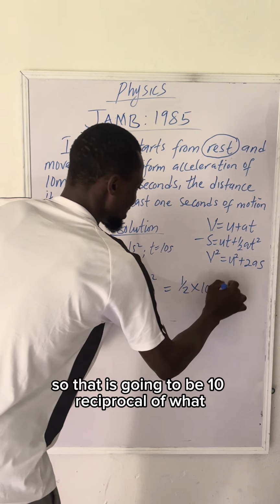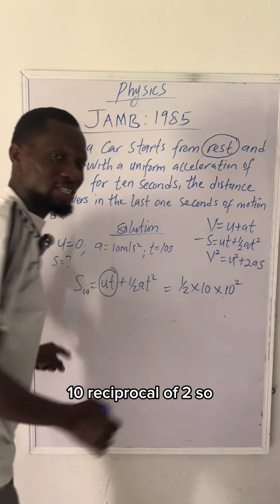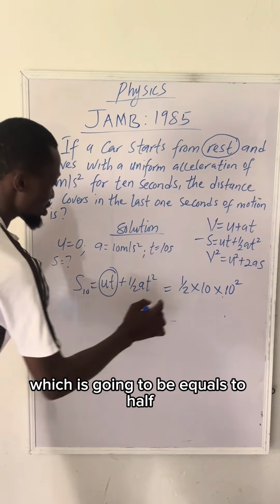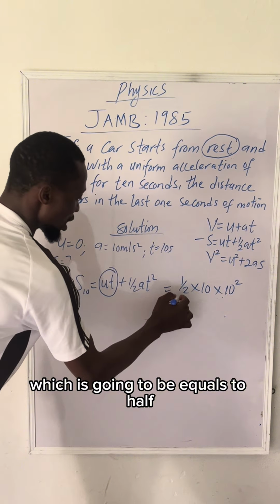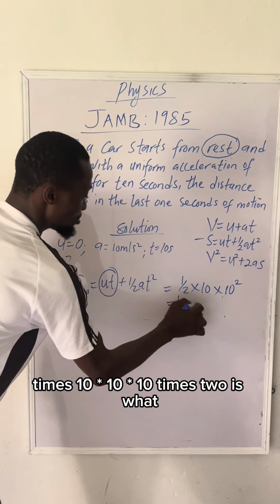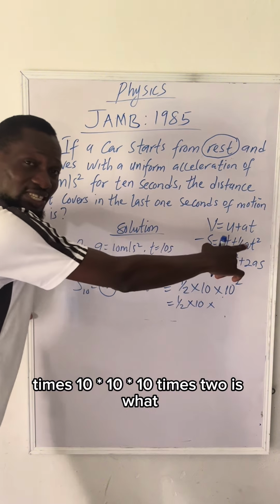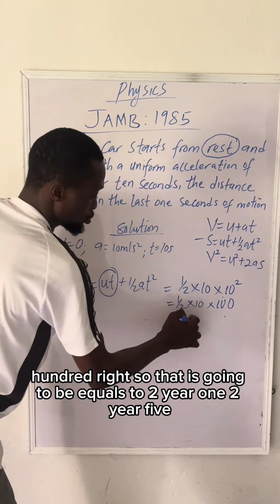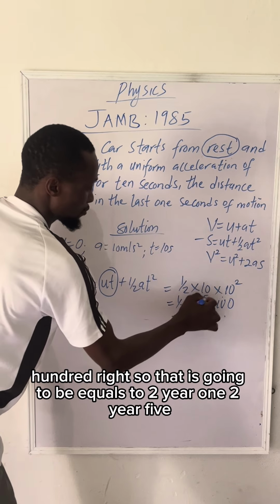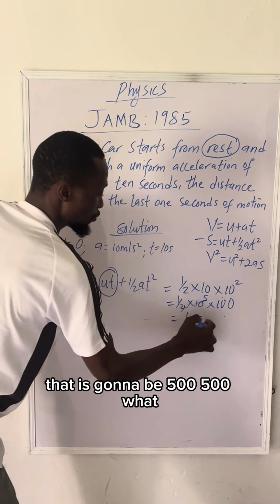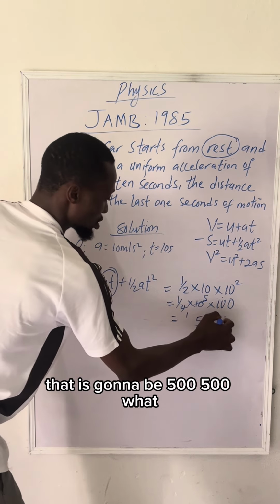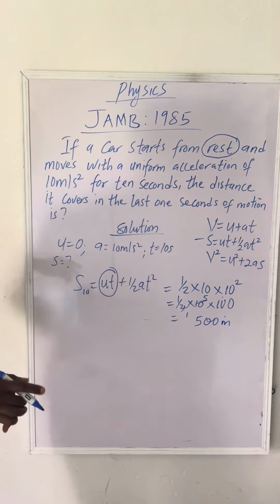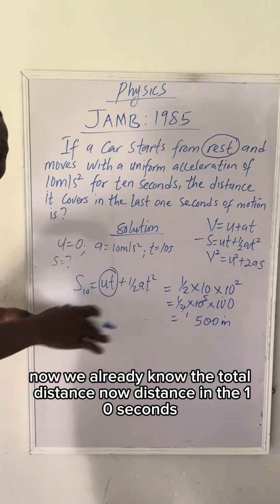So that is going to be 10 raised to the power of 2. So half times 10 times 10 raised to the power of 2, which is 100, right? So that is going to be 2 here 1, 2 here 5. That is going to be 500 meters. Now, we already know the distance in the 10 seconds.